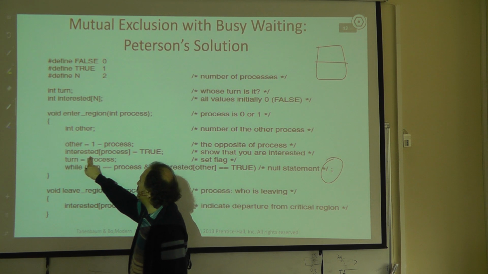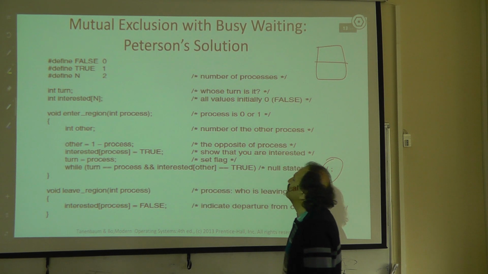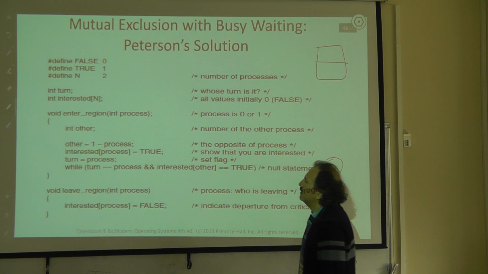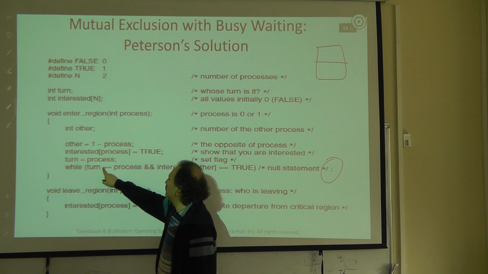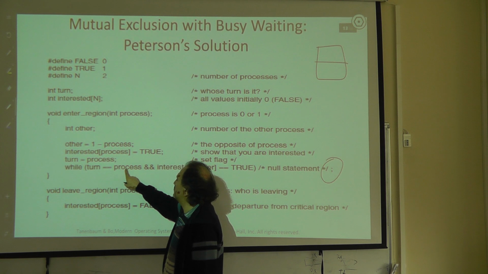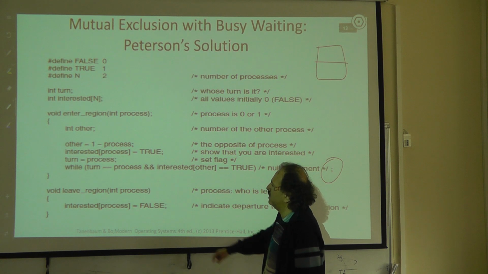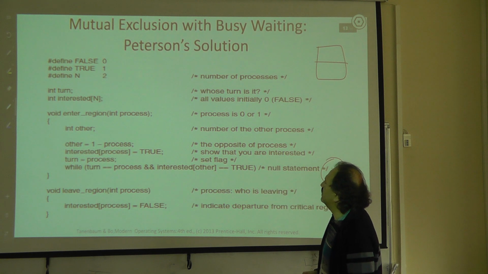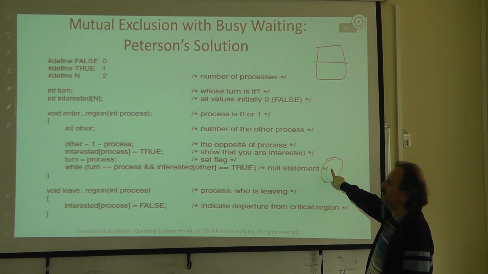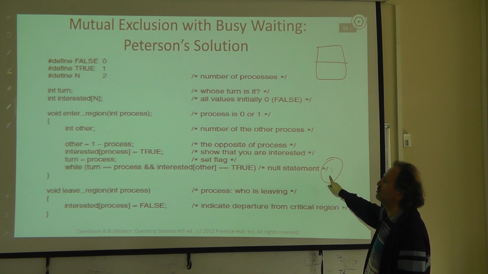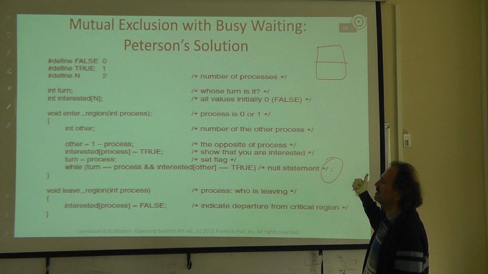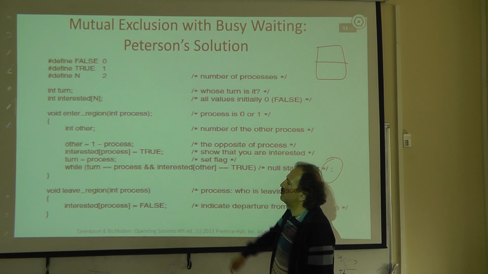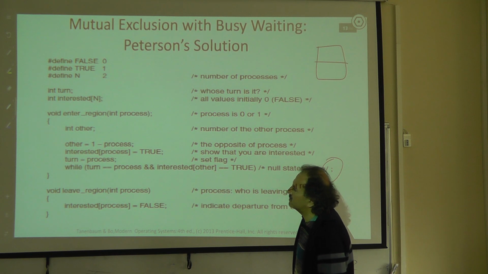Then turn is now process, and this is our busy waiting loop. It says: while turn is the same as process, and interested other is true, then I have to wait. If interested other is not true, I just quit this loop and immediately enter my critical region.